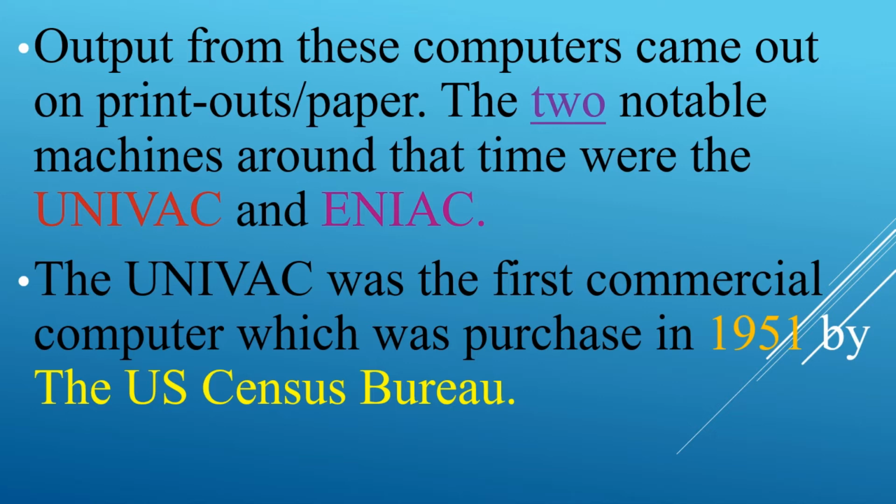Normally around that time they used almost 8 years to populate a census. So they realized, why don't we seek the aid of technologists or scientists to help us populate our census in the shortest possible time? Then they came up with the UNIVAC to help them.